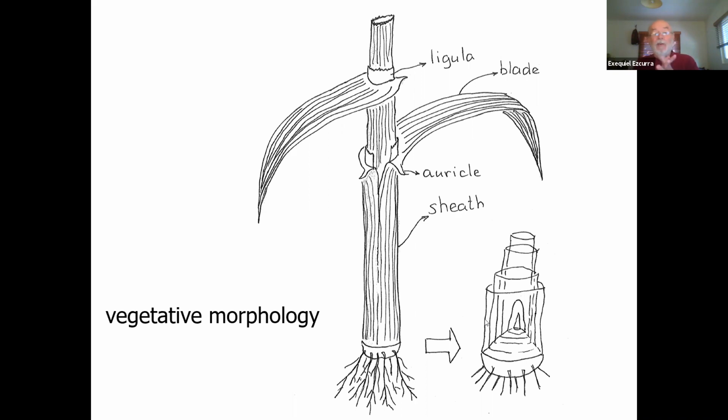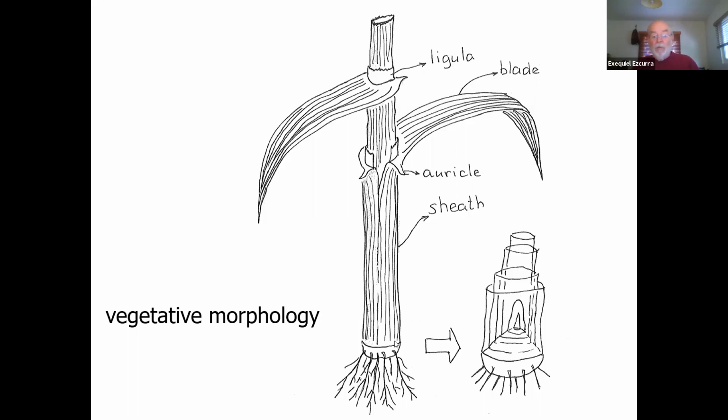What you're cutting really are the sheaths, which are the petiole of the leaf. So really a grass, and that is quite similar to the other monocot family we saw, the Liliaceae, in which really it's a rosette of leaves coming out from ground level, and the shoot itself is very shortened, and it is at ground level, protected from the grazing of herbivores.